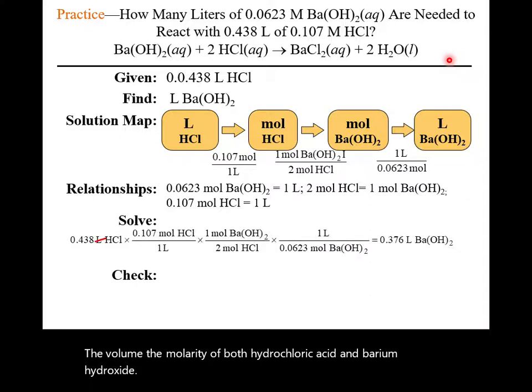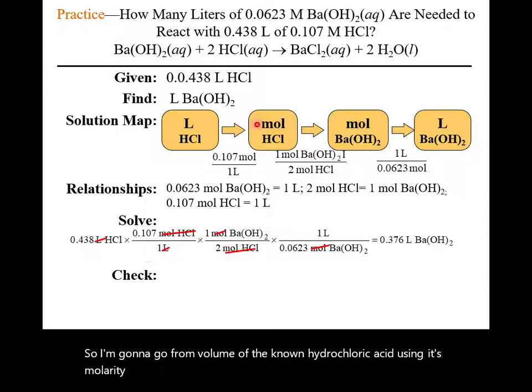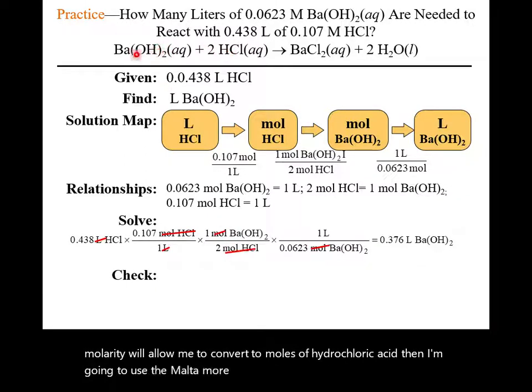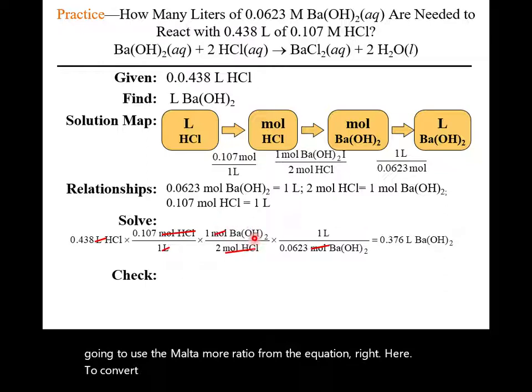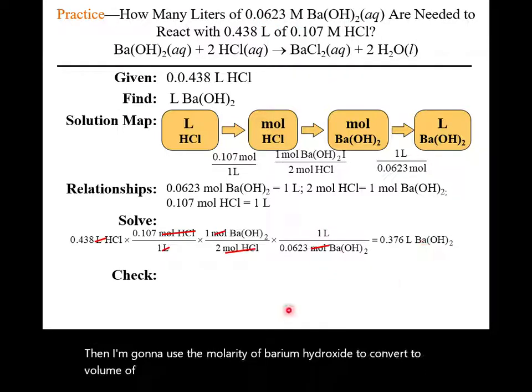So I'm going to go from volume of the known hydrochloric acid, using its molarity to convert to moles of hydrochloric acid. Then I'm going to use the mole to mole ratio from the equation to convert from moles of hydrochloric acid to moles of barium hydroxide. Then I'm going to use the molarity of barium hydroxide to convert to volume of barium hydroxide.